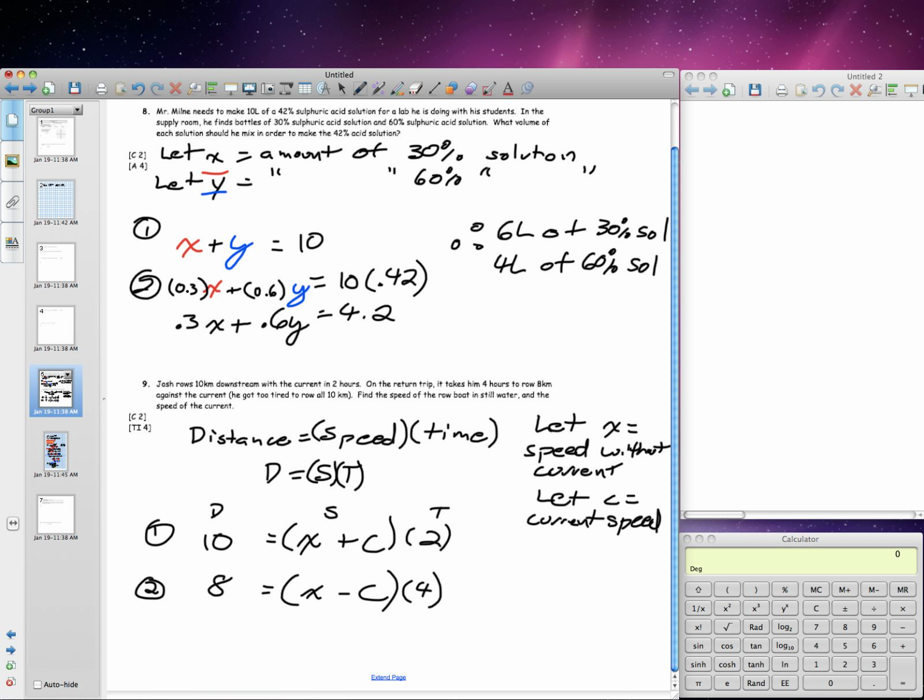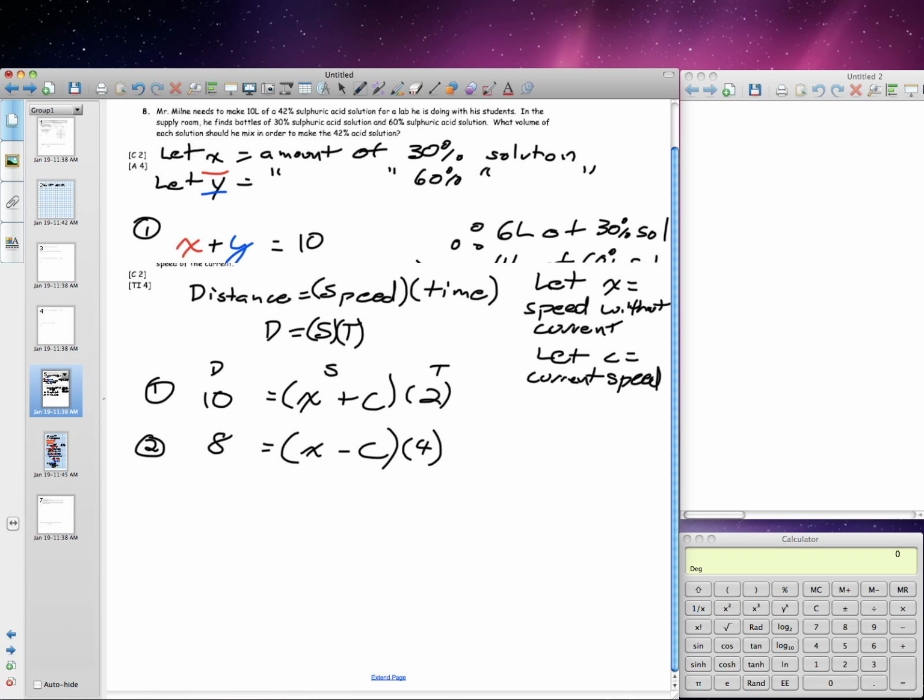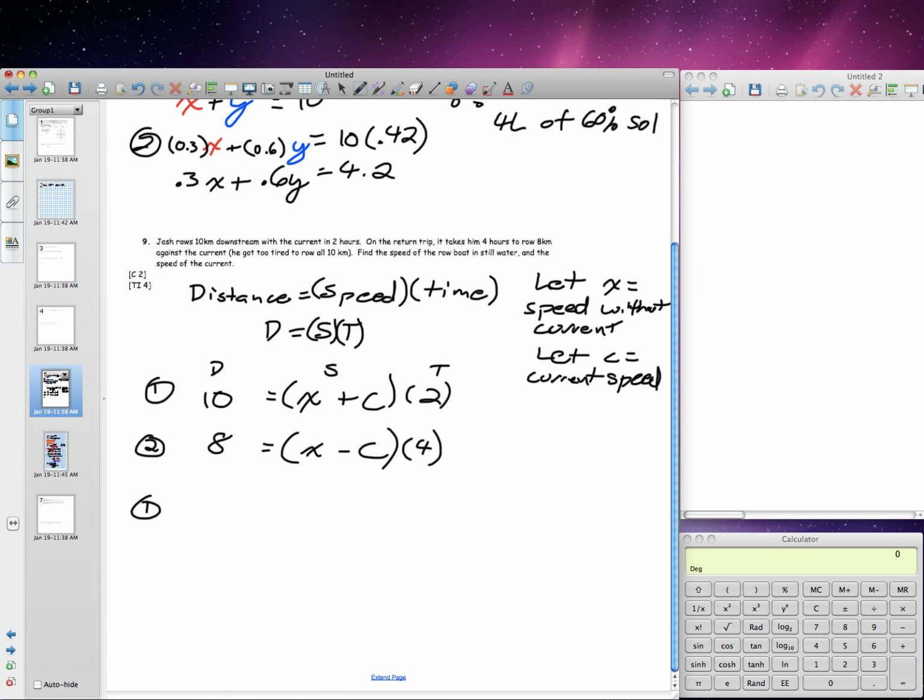Now I need to use the distributive property to make two new equations. Equation 1 will be 10 is equal to 2x plus 2c, and 8 is equal to 4x minus 4c.